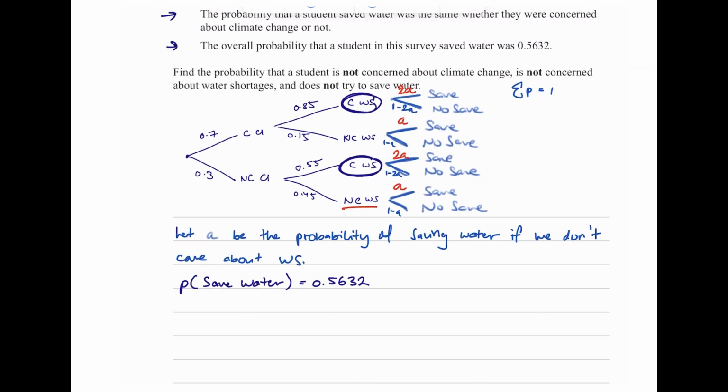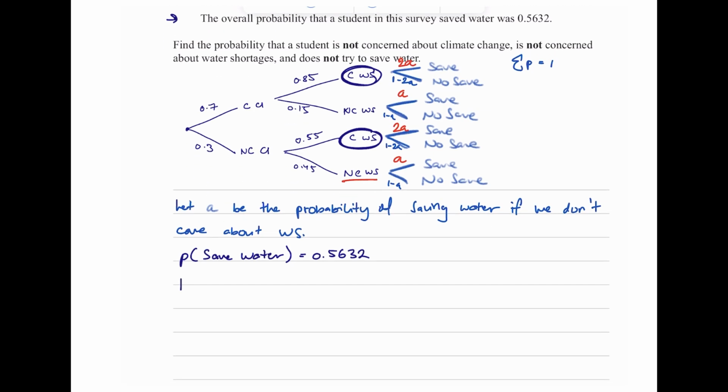So what we're actually trying to calculate is the probability that we are not concerned about climate change, and we're not concerned about water shortages, and we do not try to save water. If we go down our branch, we're not concerned about climate change, we don't care about water shortages, and we don't try to save any water.